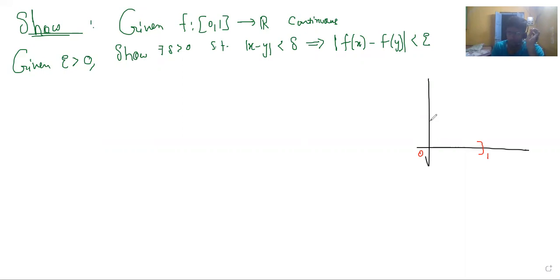We make only one interval. Then the difference will be just the maximum minus minimum of the whole function, so that could be anything.